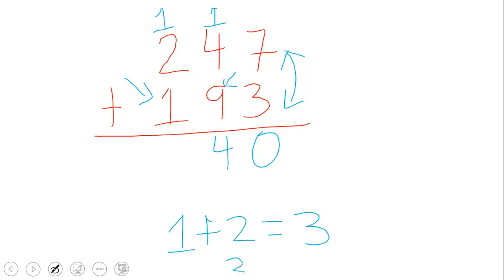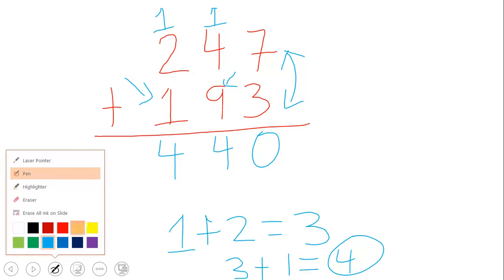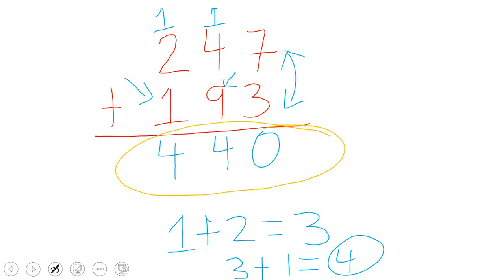So 3 plus 1 is indeed 4. We take this 4 and place it below the 1. Therefore, the sum of the numbers 247 and 193 is indeed 440.